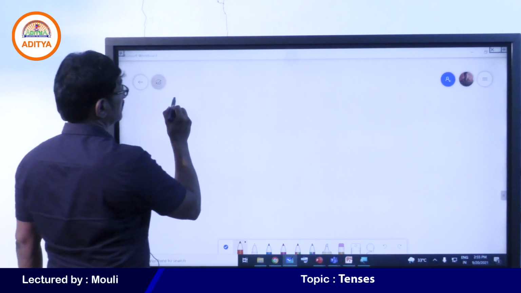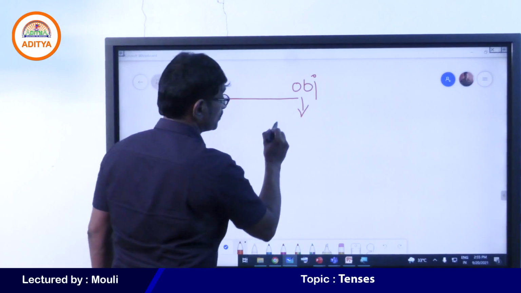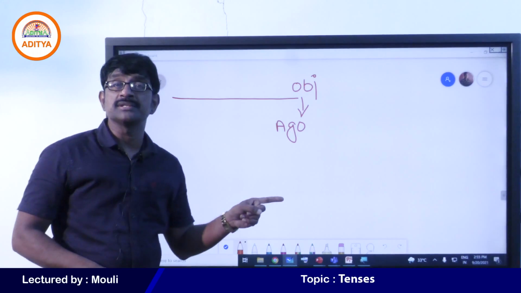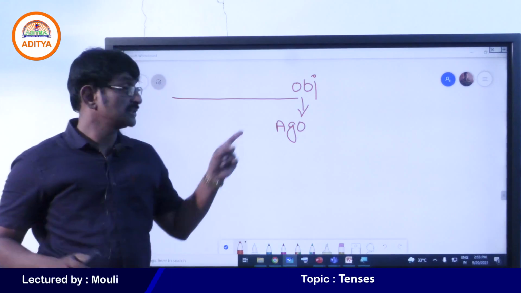Now you see, in the object, we have some words for this. Ago. If ago comes in a sentence, you can recognize that it is a past simple tense. Ago.